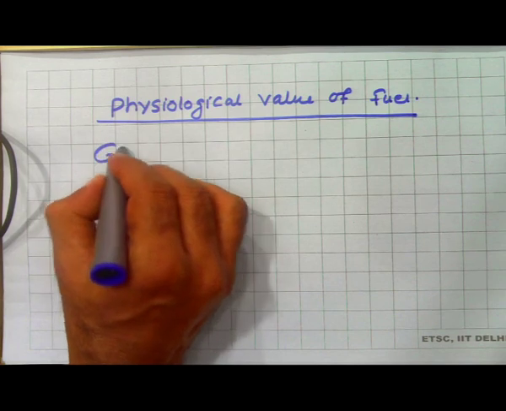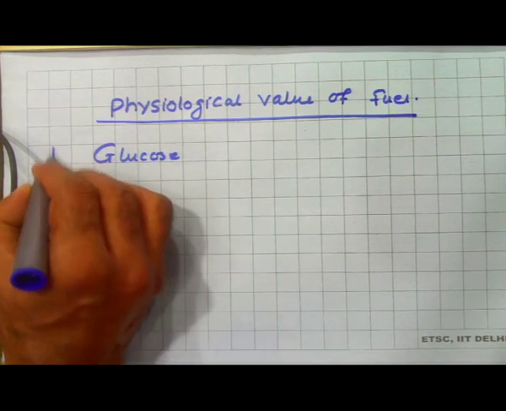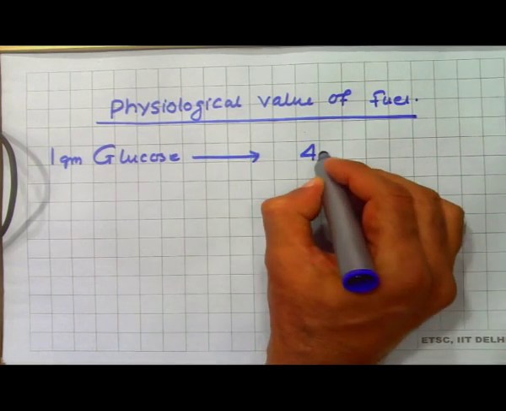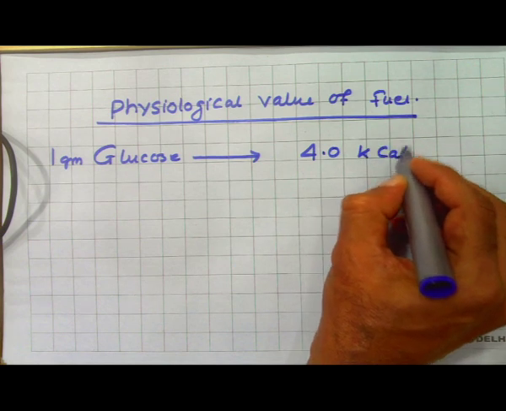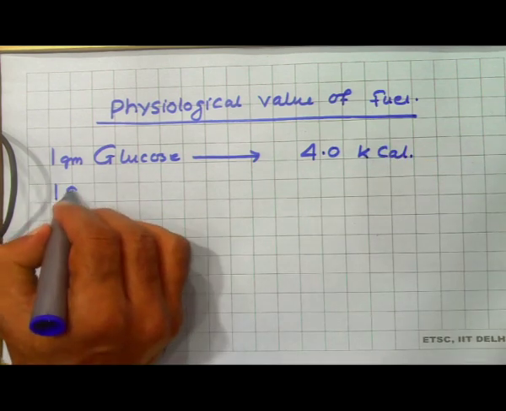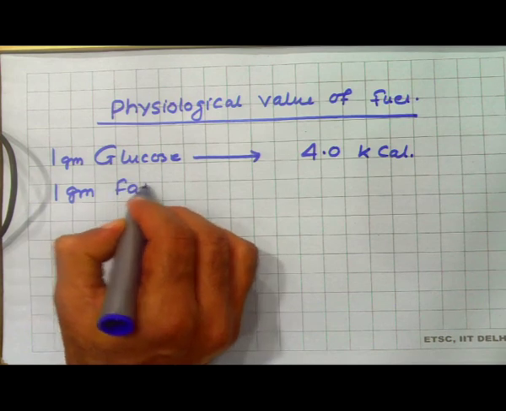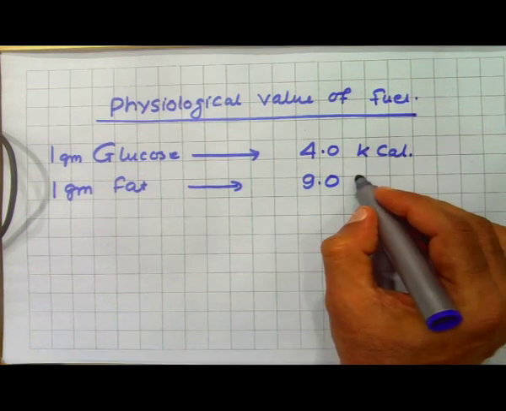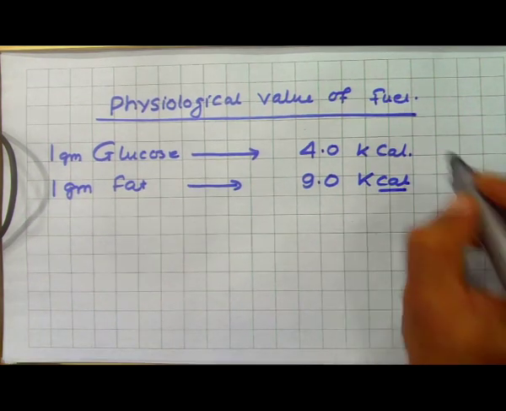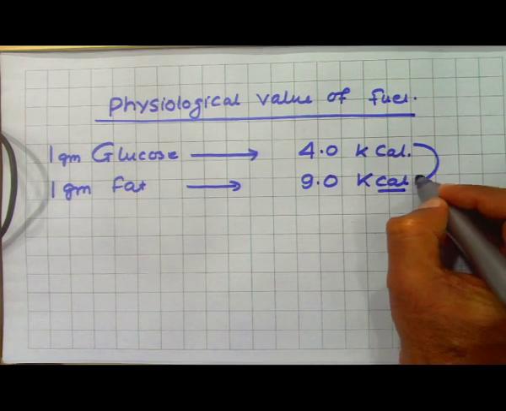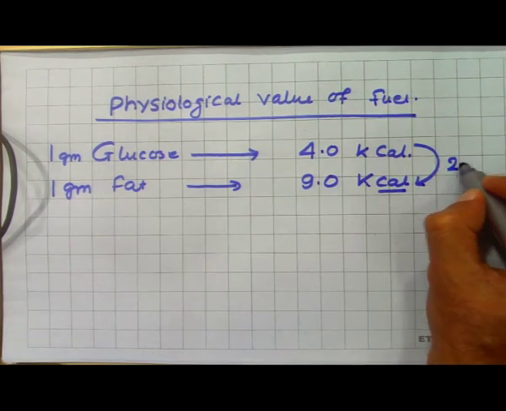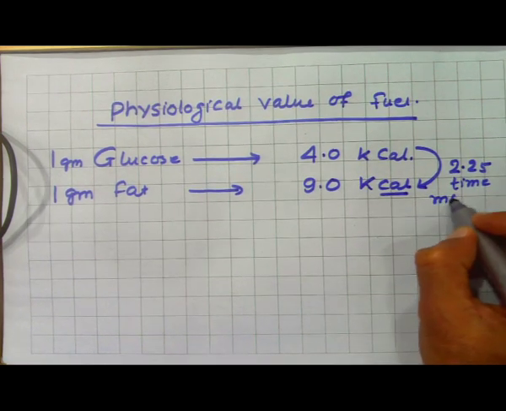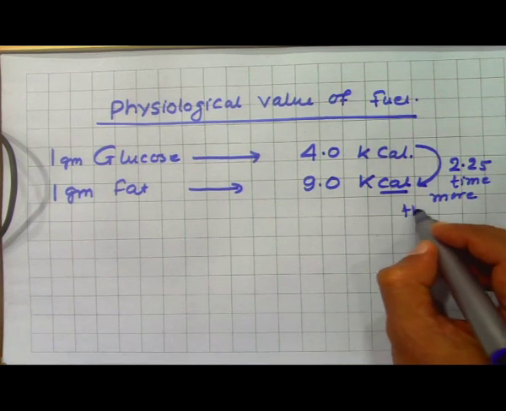When 1 gram of glucose is oxidized, it gives 4 kilocalorie energy, while 1 gram of fat when oxidized gives 9.0 kilocalories. That means, in comparison to carbohydrate, it is 2.25 times more than glucose.